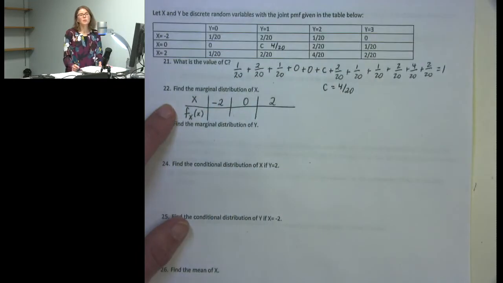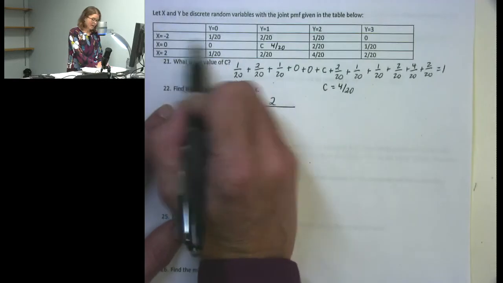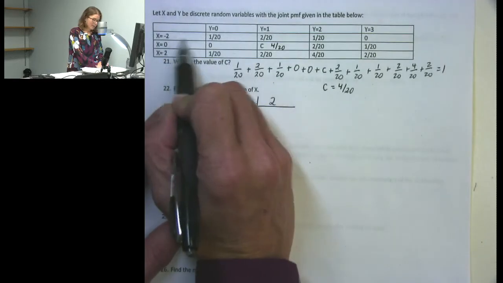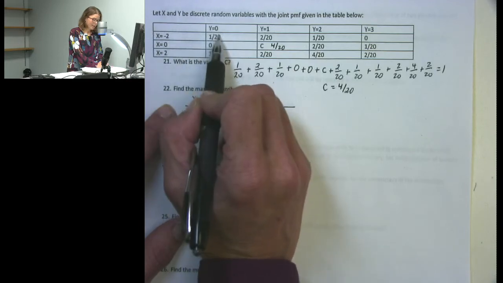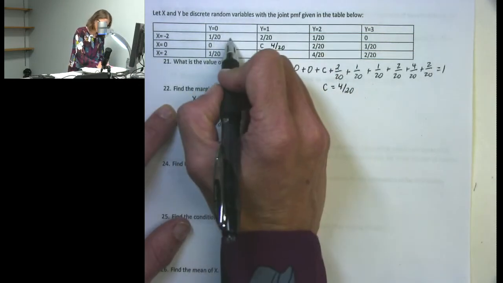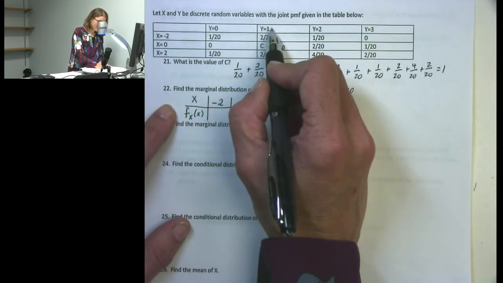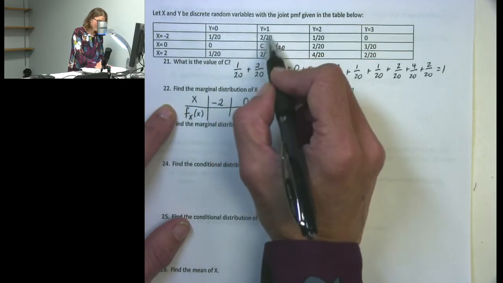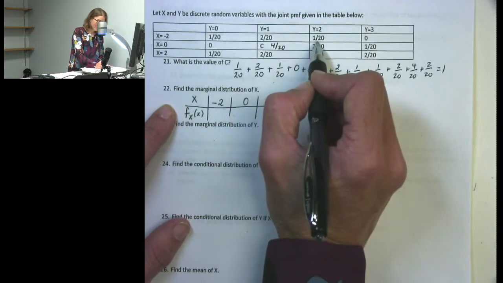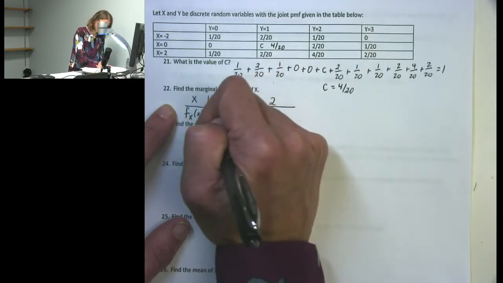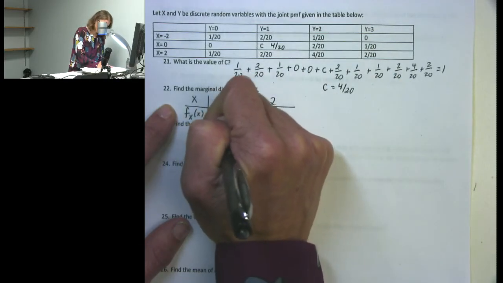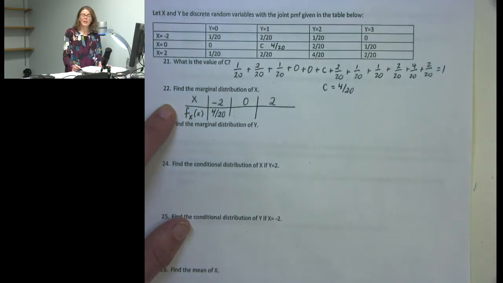And to find the marginal probabilities, I'm just going to add across. The probability that x is equal to -2 and y equals 0 is 1/20th, plus the probability that x is equal to -2 and y is equal to 1 is 1/20th, plus 1/20th plus 0 gives me 1, 2, 4/20ths is the probability that x is equal to -2.